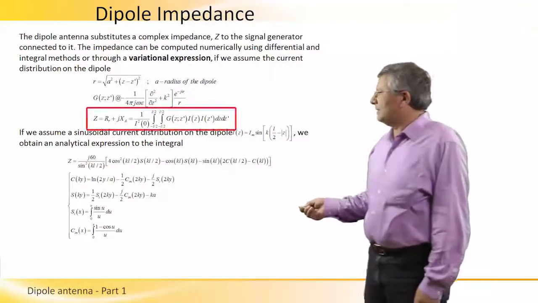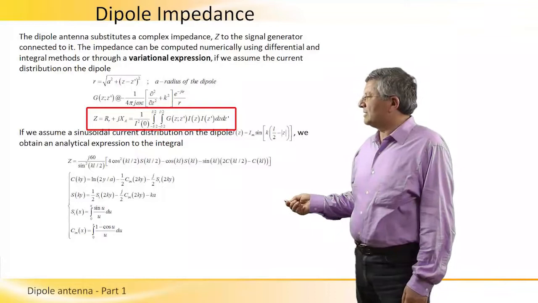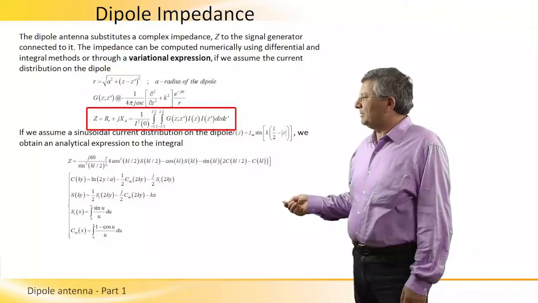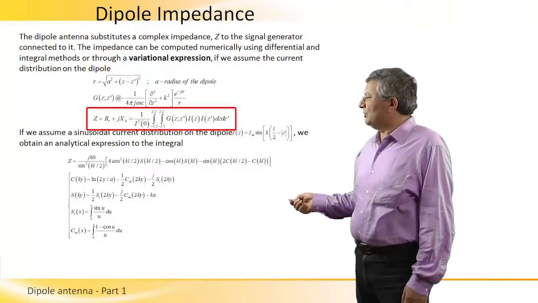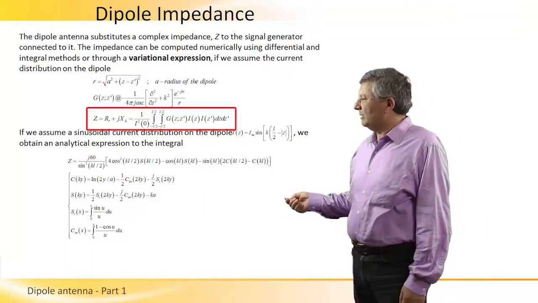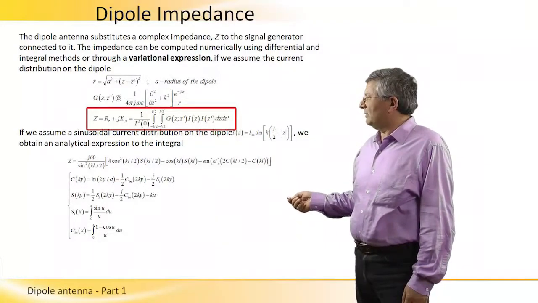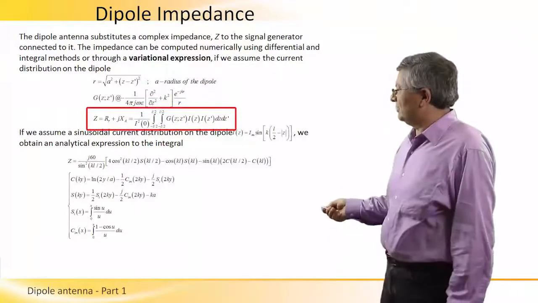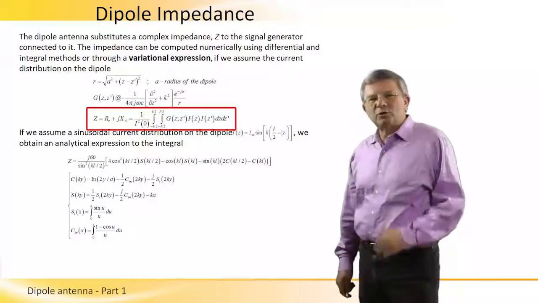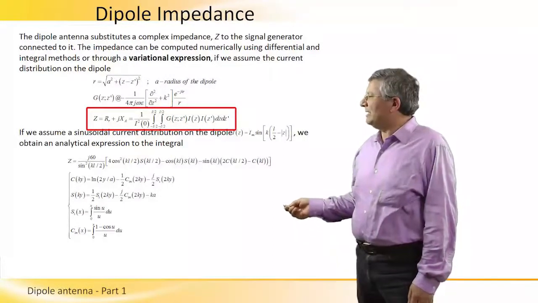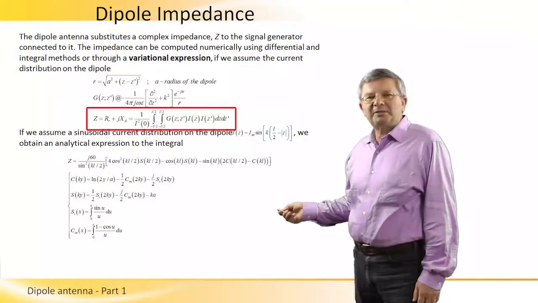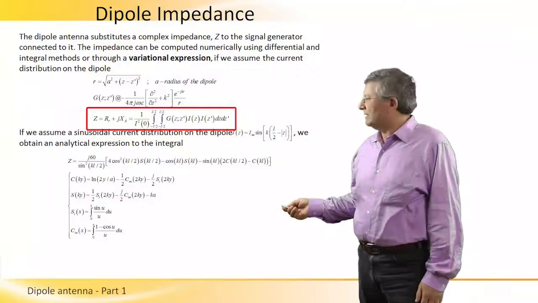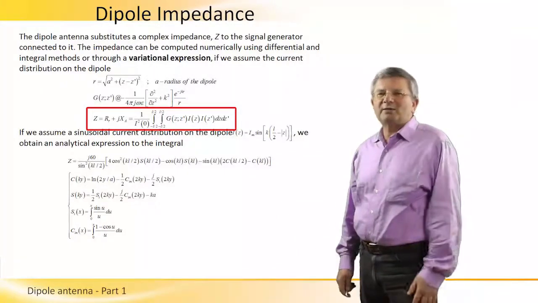The expression for the complex impedance Z, which is equal to the real part of the impedance plus the imaginary part of the impedance, jXA, is equal to this integral, in which G is a kernel with the derivative of e to the minus jkr over r, multiplied by the current distribution. What is unique in a variational expression like this one is that if we make a small change in I, we get a negligible change in the complex impedance. And this is the beauty of this expression, that we don't need to know exactly what the current distribution is.